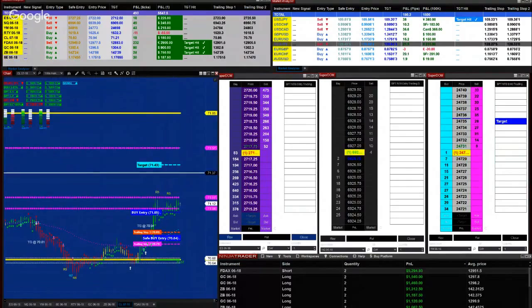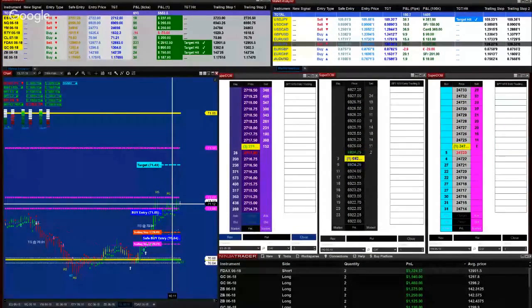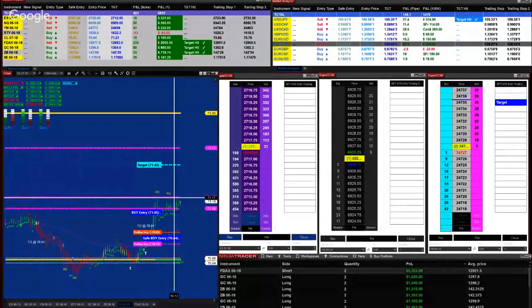If you notice here, the CL is struggling on the double resistance. This is a huge resistance area, and once you see double resistance, you need to be careful, even if you are automated trading. So at least you understand whatever system you are using on your automated trading, that area, the 71.17, will be struggling.